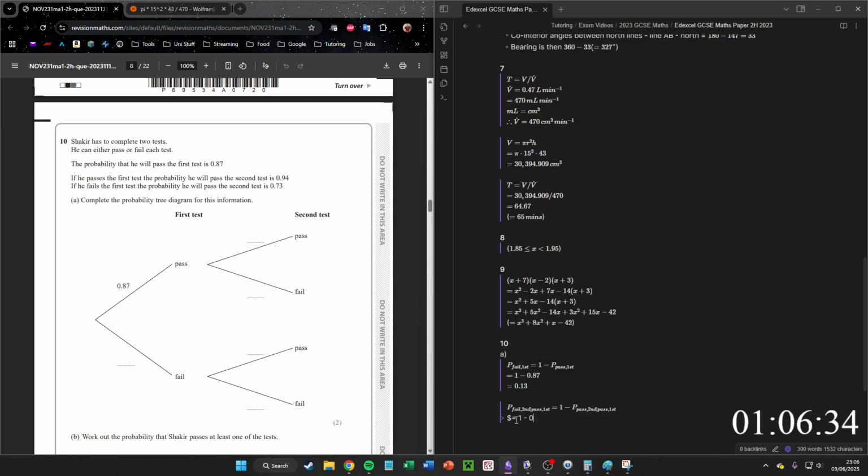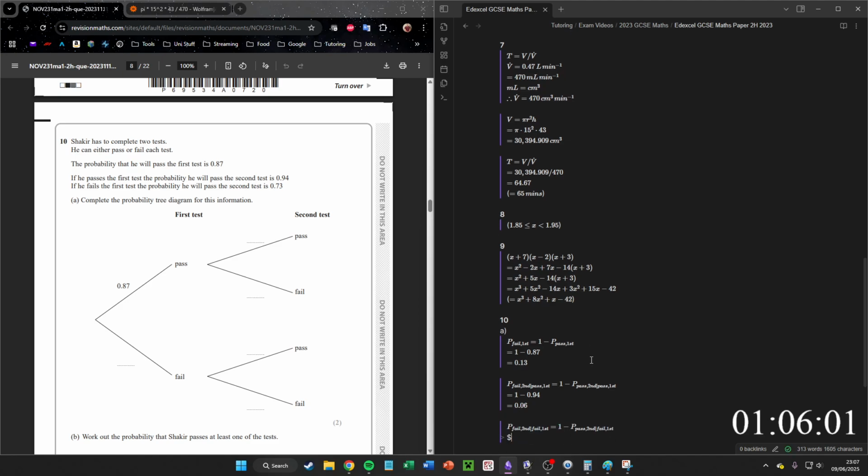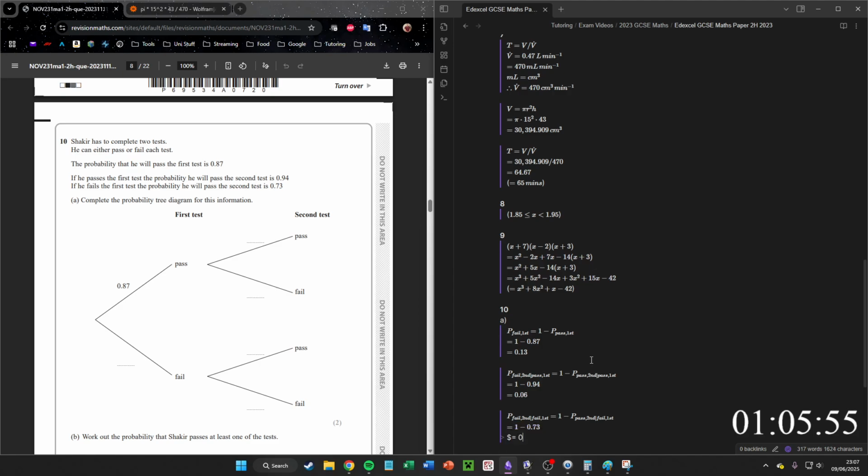And that is equal to 1 minus 0.94, and that is 0.06. And then the final one we need to work out is the probability that he fails the second, given that he's failed the first. And that's equal to 1 minus the probability that he passes the second, given that he's failed the first. We're given that probability, so that's 1 minus 0.73, and then that is 0.27.